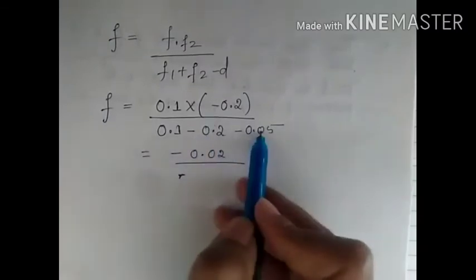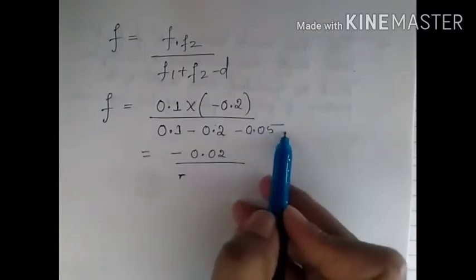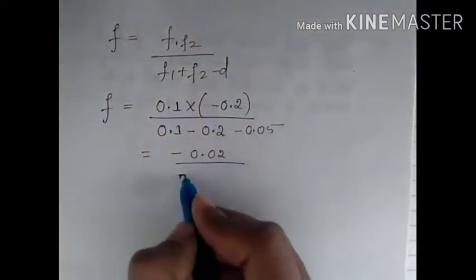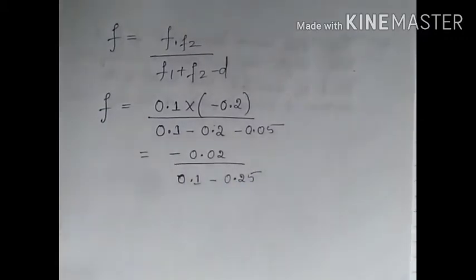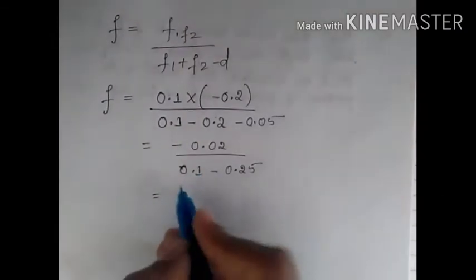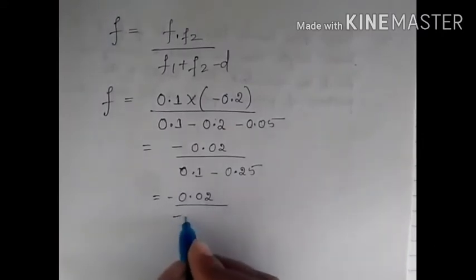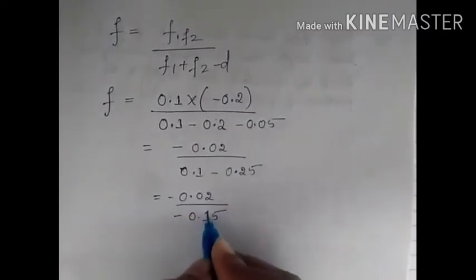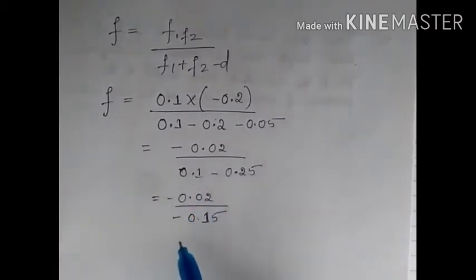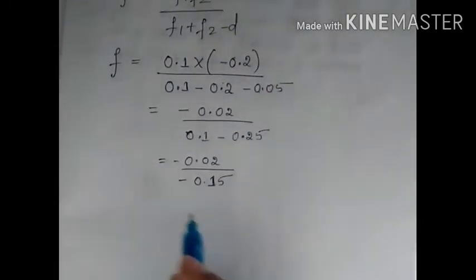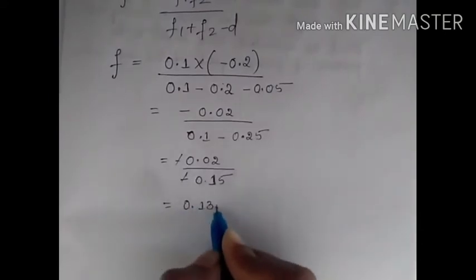If you add these two terms, 0.2 plus 0.05 will give you 0.25, so 0.1 minus 0.25. What is left is minus 0.02 divided by minus 0.15. If you subtract minus 0.25 in 0.1, you get minus 0.15. So minus will get cancelled, and what remains is 0.13 meters.